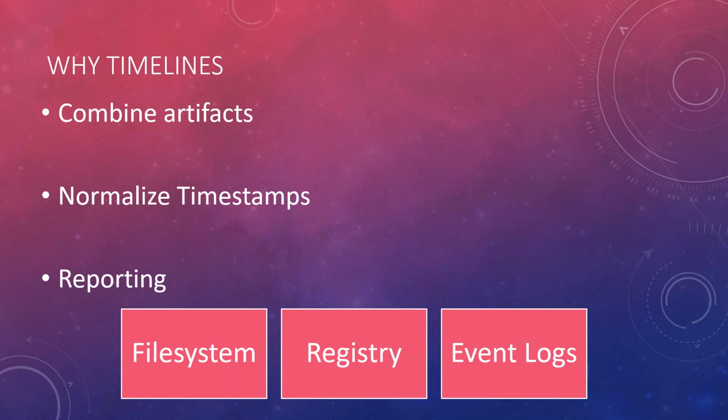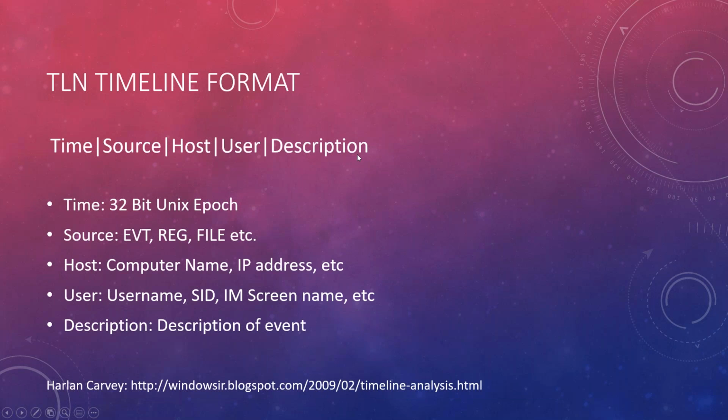A lot of these utilities might take something presented in a local time format and put it into UTC, which is a format that we use in forensics a lot, so that when we're looking at timestamps, they're the same across multiple systems, or across multiple artifacts. And like I mentioned before, it really helps with the reporting. Because now you have a consolidated timeline that you can put into a report, human readable and understandable, to help build out this picture.